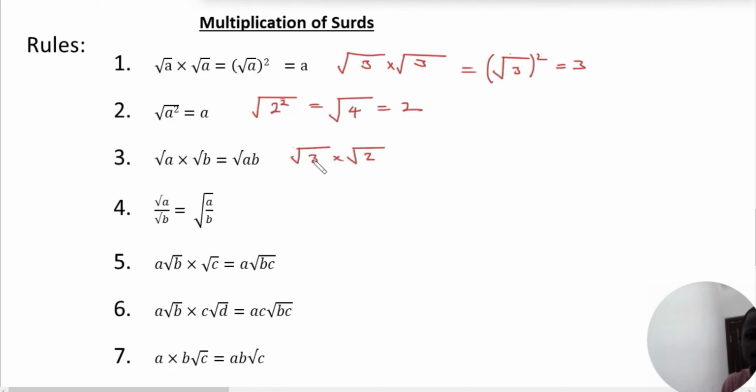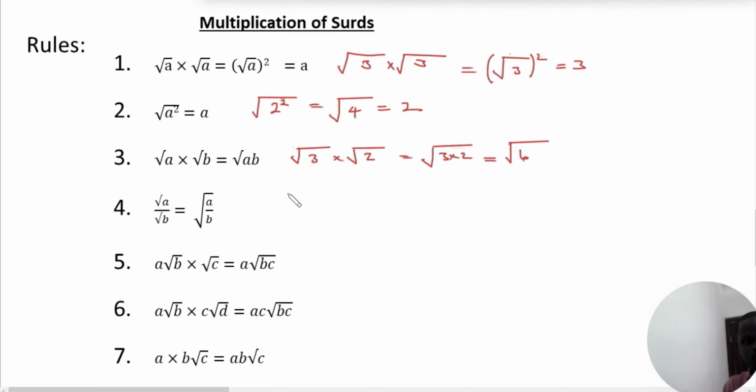This is our a, and this is our b. A times b, that is 3 times 2, which is 6. So the value for this will be root 6. So we've illustrated this third rule.